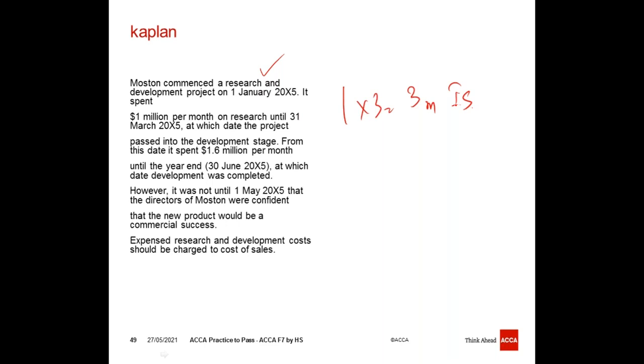At which date the project passed into the development stage, from this date it spent 1.6 million per month until the year end, 30th June, at which date the development was completed. However, it was not until 1st May that the directors of Moston were confident. So for March and April, 2 months, the directors were not confident. That means this amount will also go in the income statement.